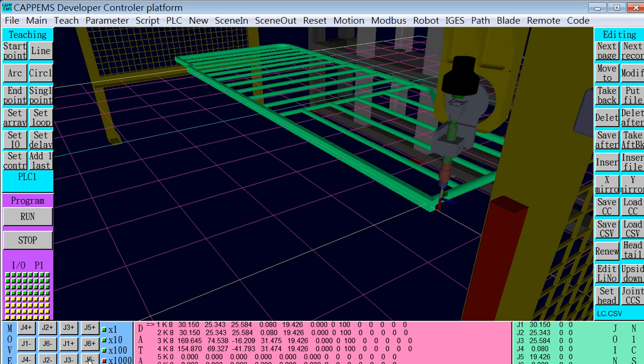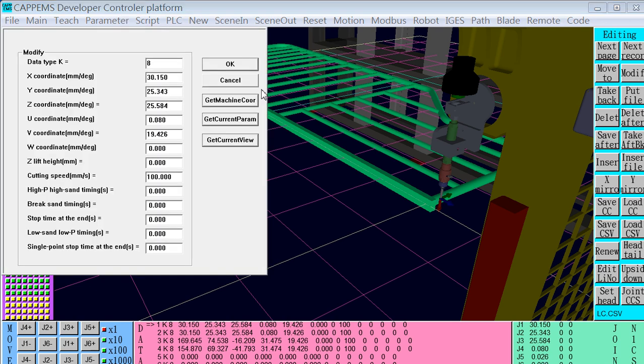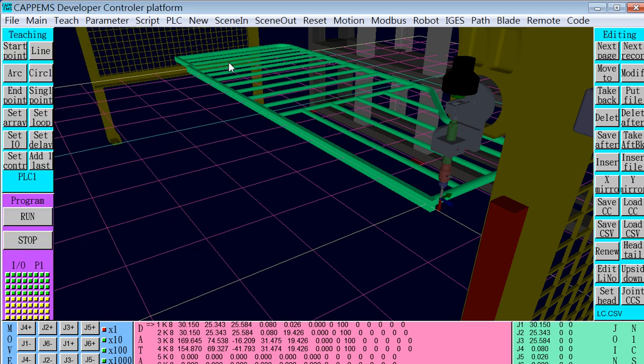J5 minus once, 9.426. Slow the speed. Okay, 0.0. Okay, and then modify. Get machine coordinates. The B and the C are almost 0.